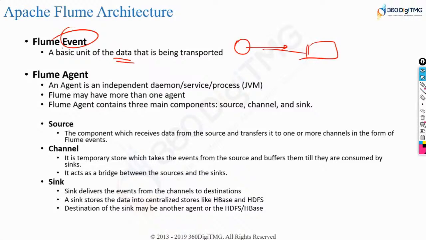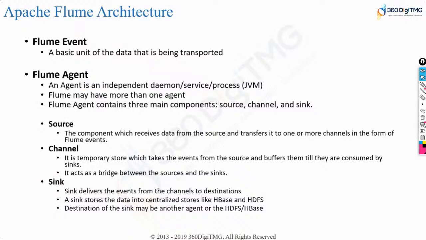And that event is handled by an agent. An agent is an independent service, Java based, of course. Most of these devices that we are talking about are Java based. So we have a Java background process which runs on the Java virtual machine for execution. One agent is basically one service, one process.